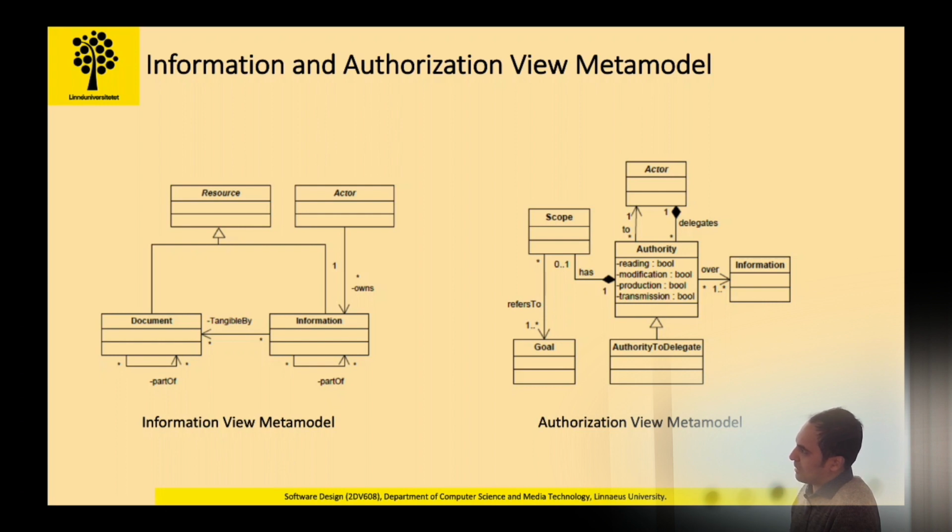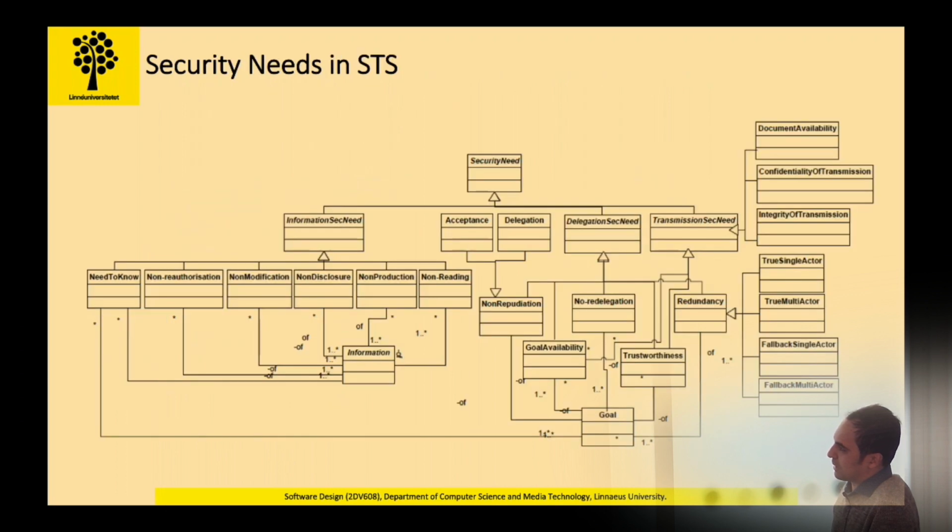And there is a scope. As you can see, this scope is also over the goal and over the information. So which goal or which information or which document this authorization covers is defined through the scope. We will obviously see some examples and then some hands-on after this introduction.